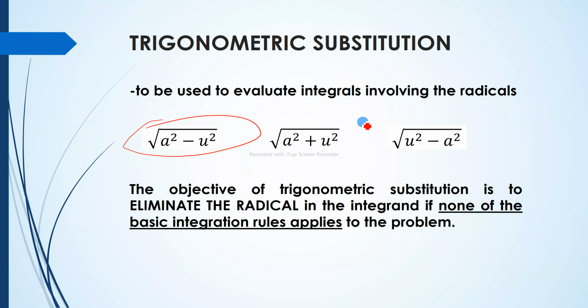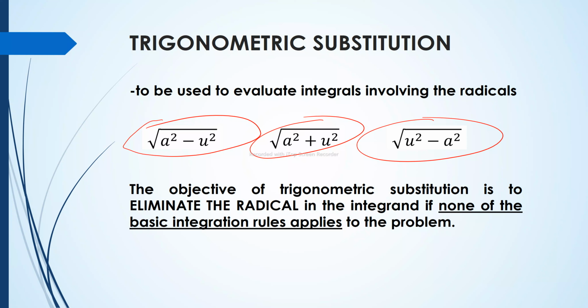So like this one, and this one shown here, and this one. We have here the square root of a squared minus u squared, the square root of a squared plus u squared, and the square root of u squared minus a squared. The main reason why we're going to use the trigonometric substitution is to eliminate the radical.